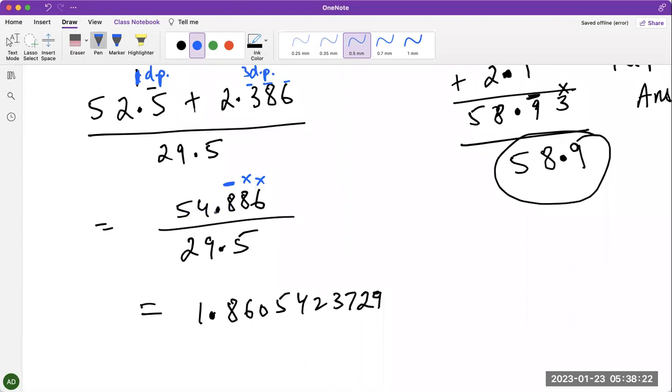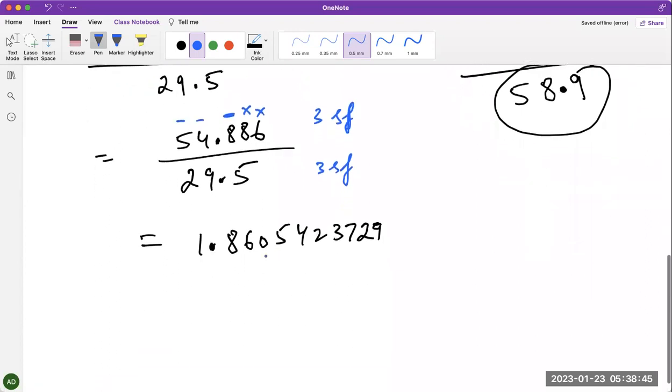So in 54.886, I have 3 significant figures, 5, 4, and 8. The 8 and 6 in the back, I cannot trust. So I have 3 SIGFIGS for the number on the top. And similarly, I have 3 SIGFIGS for the number in the bottom, because 29.5 didn't touch it. It's still the same, 3 SIGFIGS.